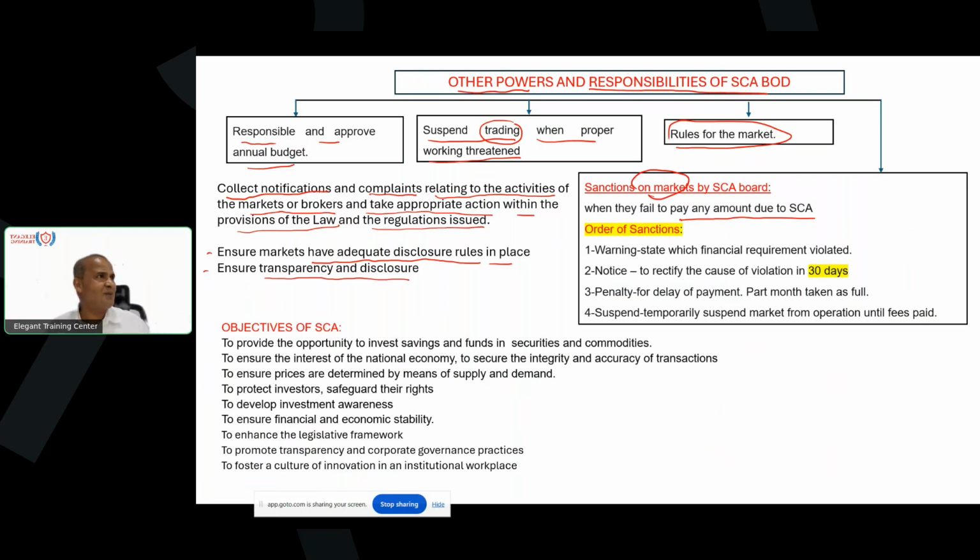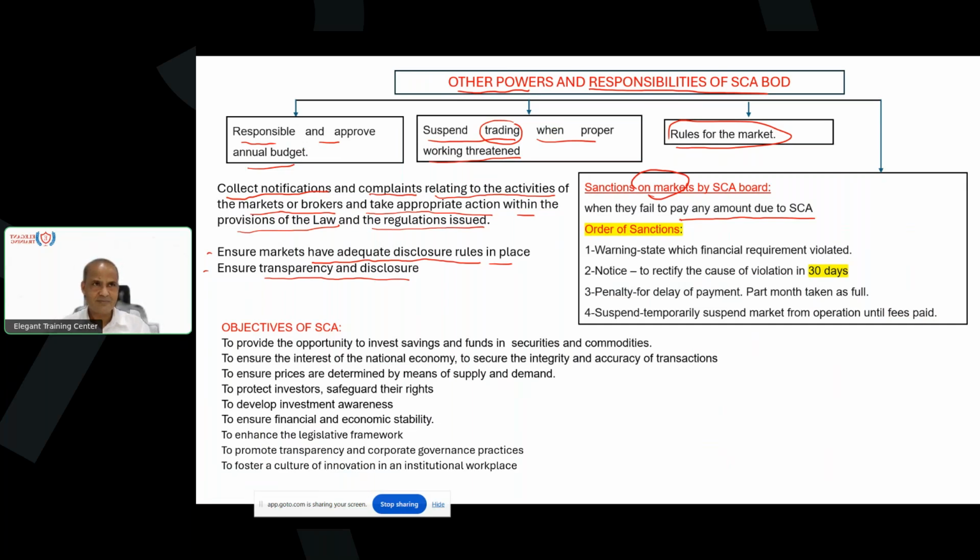When you are buying some stock, you are paying commissions to brokers, right? Those commissions are shared among the broker, market and SCA. So some amount of commission also goes to SCA. The market will pay to SCA, and the market will pay a license fee. So if the market is not paying any amount to SCA, SCA can impose sanctions.